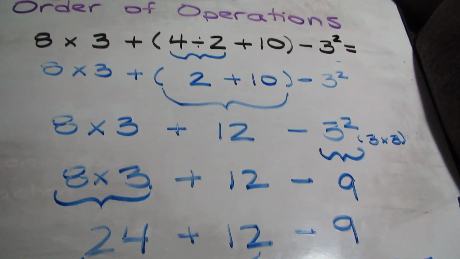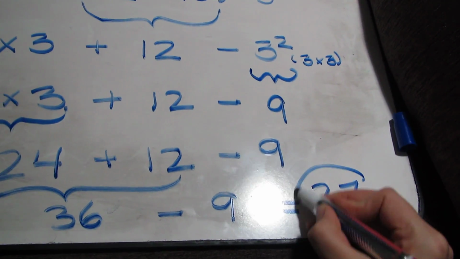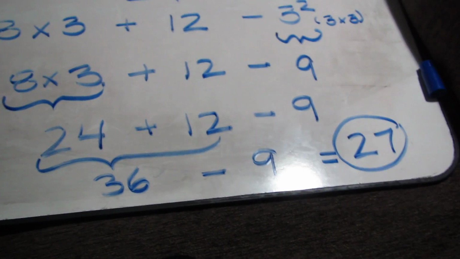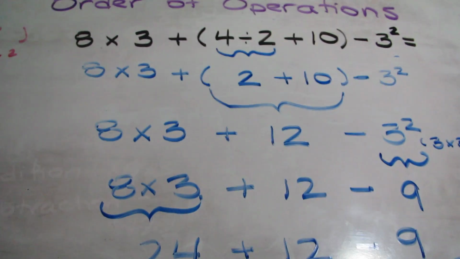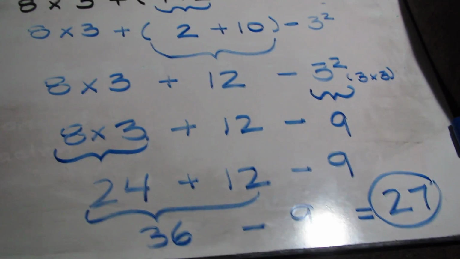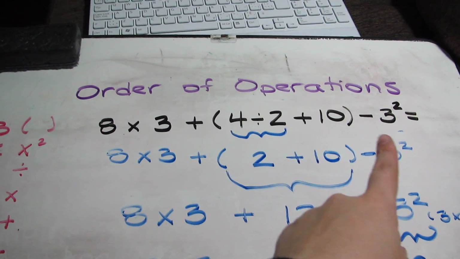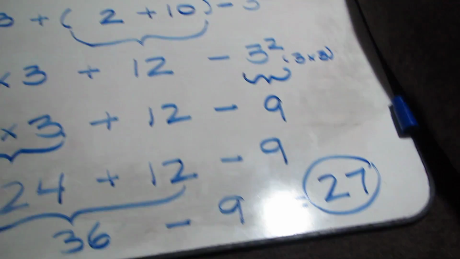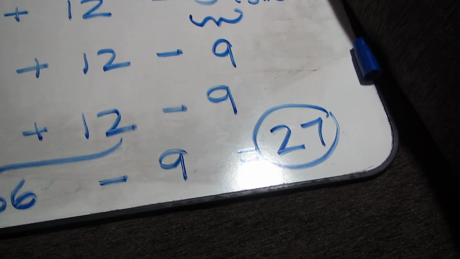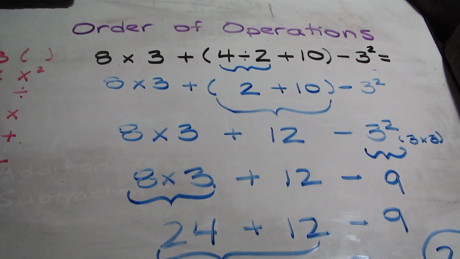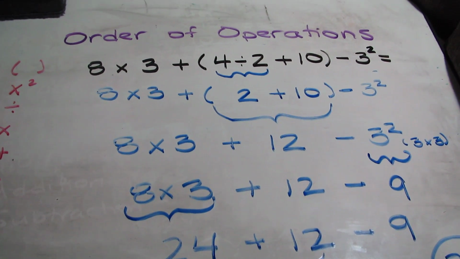And there is my answer. So again, as long as I keep it nice and organized and in line, it should work perfectly for you. So the big giant equation up there turned to a nice simple answer, and that's how you do order of operations with a more complicated question.